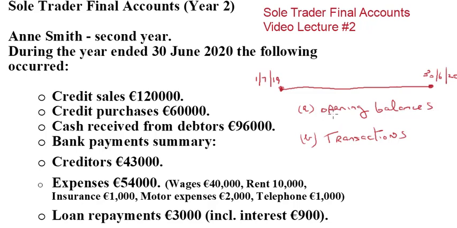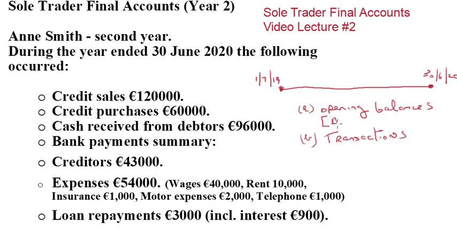When we're doing the accounts for the second year, we have to go back to the accounts we did a year earlier and see what the closing balances were last year, and they will be the opening balances this year. And where we find the closing balances is in the balance sheet at the end of last year.